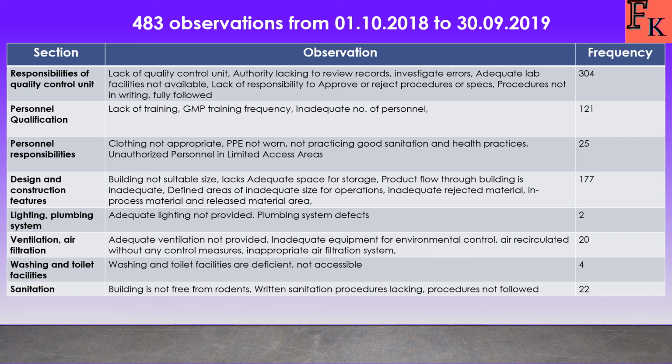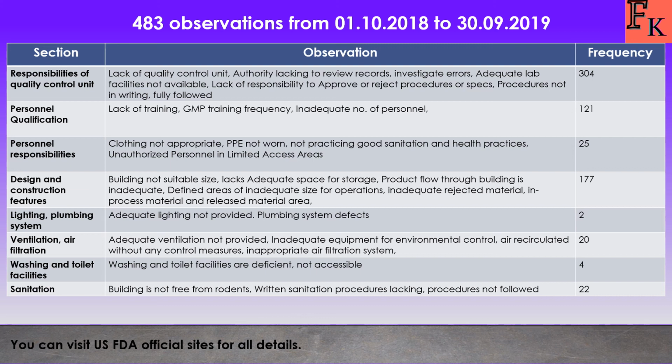So let's do a section wise review. Responsibilities of quality control unit, 304 observations. Personnel qualification, 121 observations. Personnel responsibilities, 25 observations. Design and construction features, 177 observations. Lighting, plumbing system, 2 observations. Ventilation, air filtration, 20 observations.